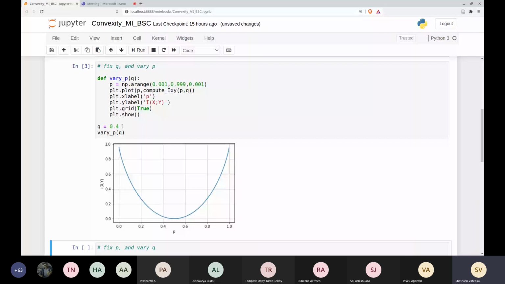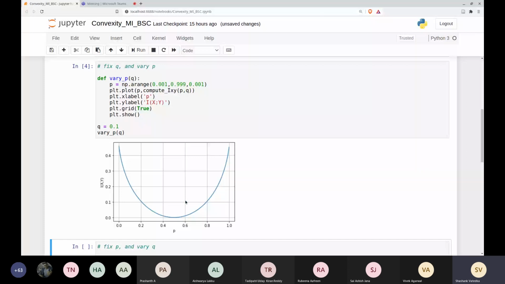And no matter how I choose Q, I still get that the mutual information is convex. In fact, it is minimized when P is equal to a half. So no matter what I choose for Q, the minimizer of I(X;Y) is always P equal to half. Can someone tell me why this is the case?